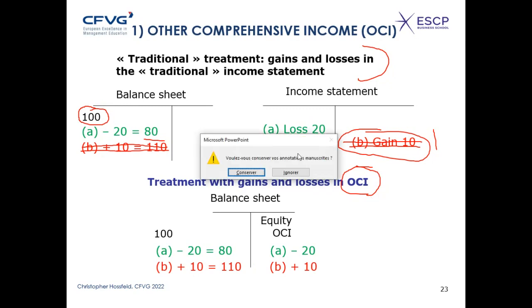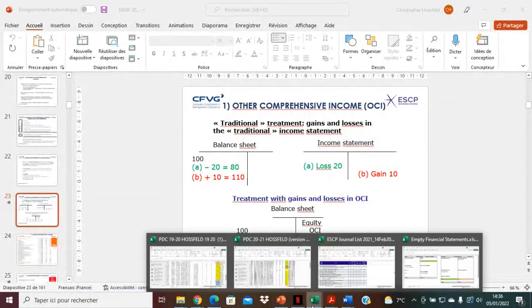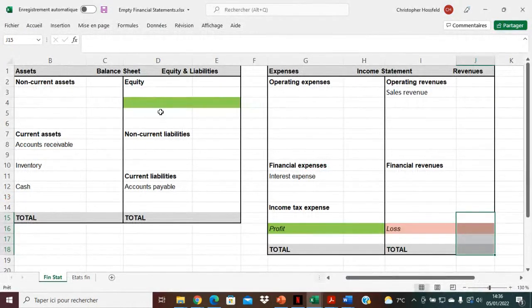So why in equity? Why is OCI part of equity? Well, remember yesterday when we did our accounting entries, we said that the accounting profit actually is part of equity. So here I take my profit out of the income statement, and the income statement is only a sub-statement to show me what's happening in profit, but profit is part of equity.